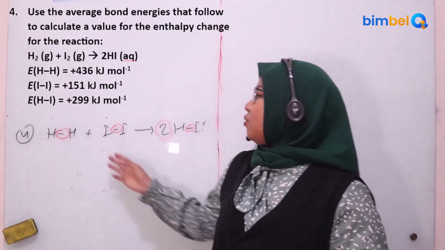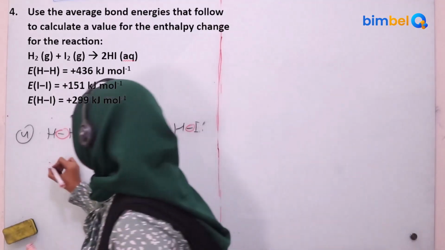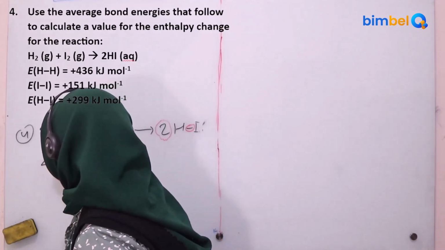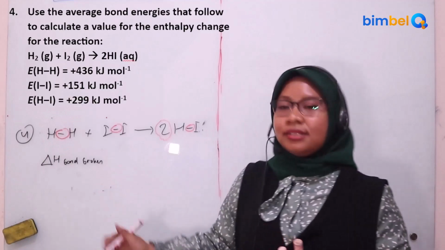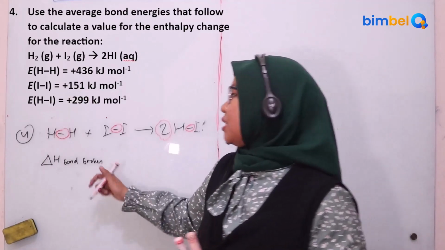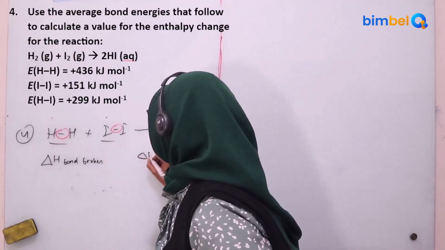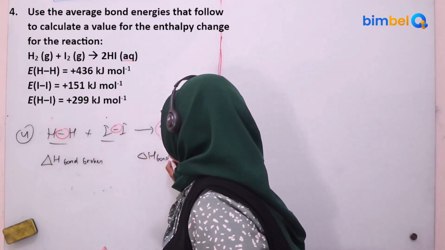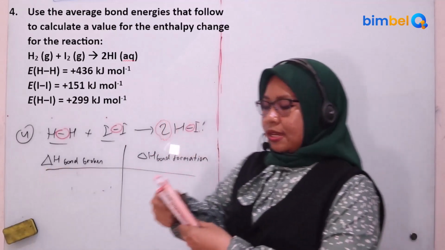So after we find each bond, we can use this to make it easier. Delta H for bonds broken, that means this compound and this compound, and delta H for bonds formed.